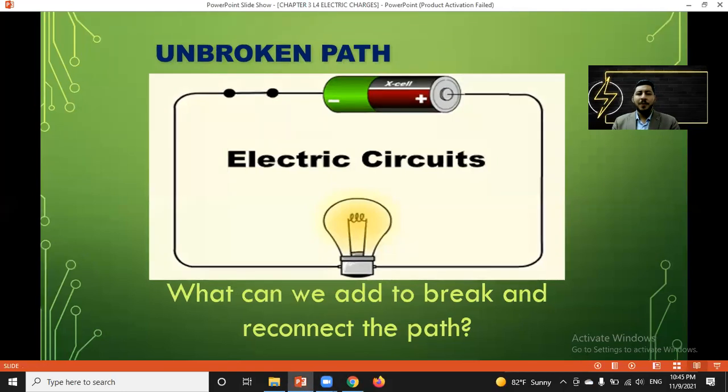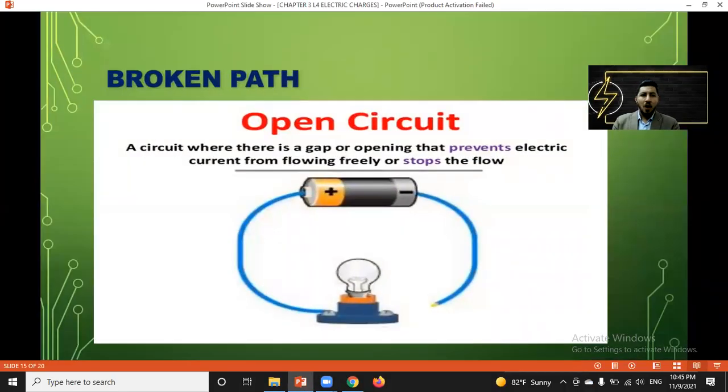The second type is called an open circuit. An open circuit has a gap or a break. Let's follow the path of the battery here. Wow, there's a cut wire right here. Electricity cannot jump from the wire and go to the light bulb.